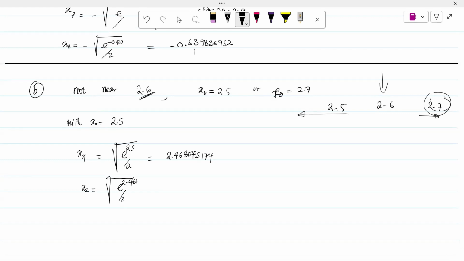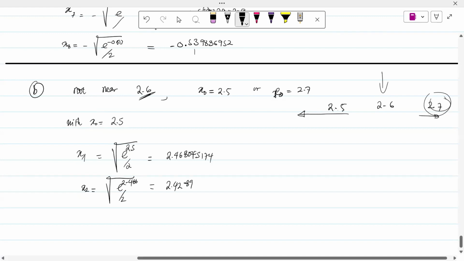2.468 over 2. Okay. You should get something smaller than 2.4. Yeah, 2.42, 2.4289 5544. Okay. So this is now our x2.